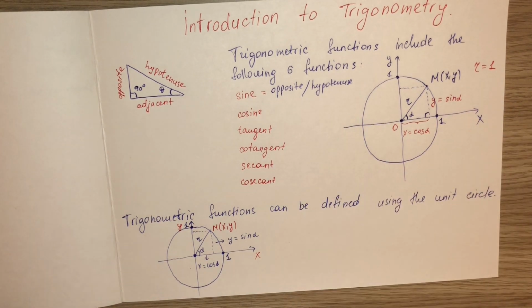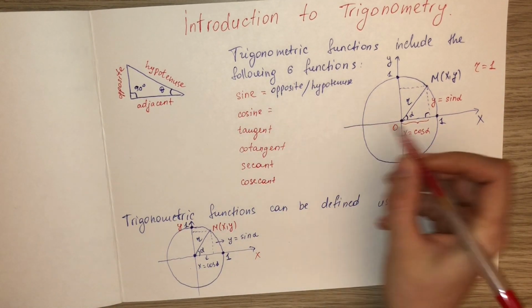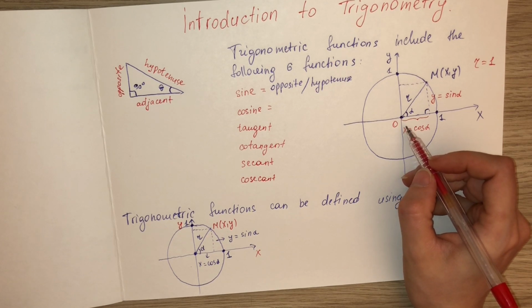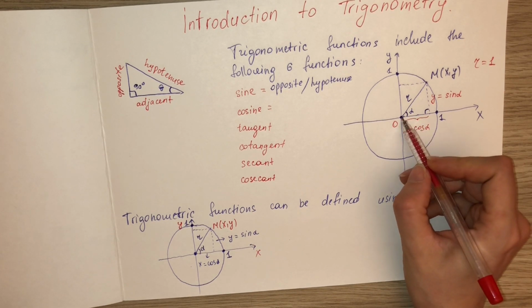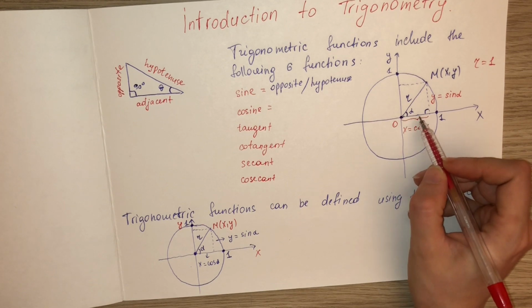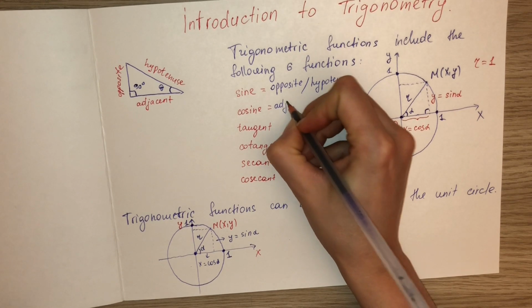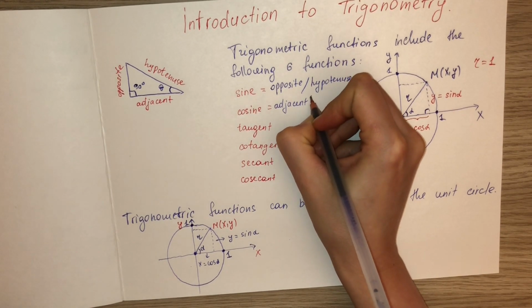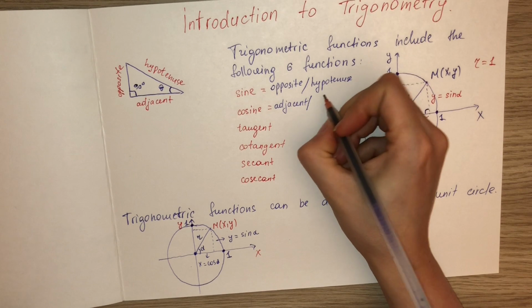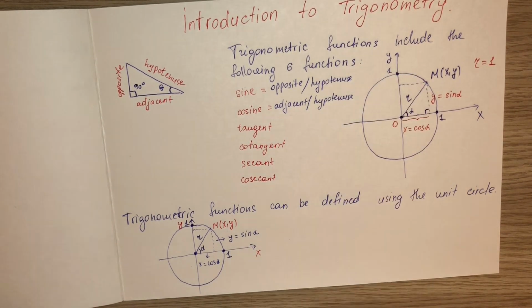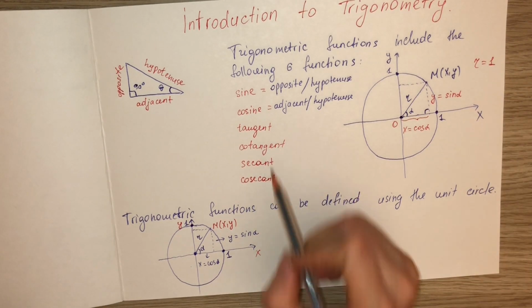So the cosine of an angle alpha is the ratio of the adjacent leg to the hypotenuse. What is the adjacent? Adjacent leg is this, and the cosine is the ratio of the adjacent leg to the hypotenuse. What about tangent?